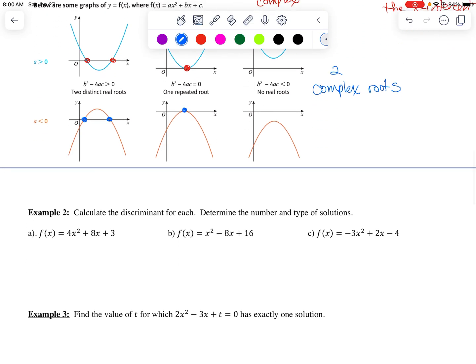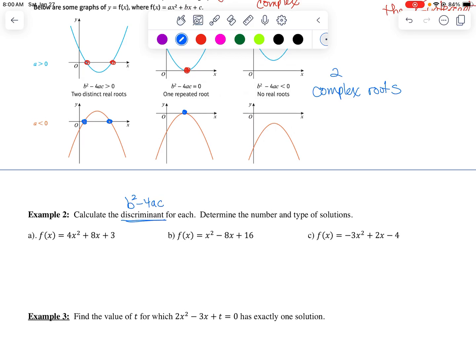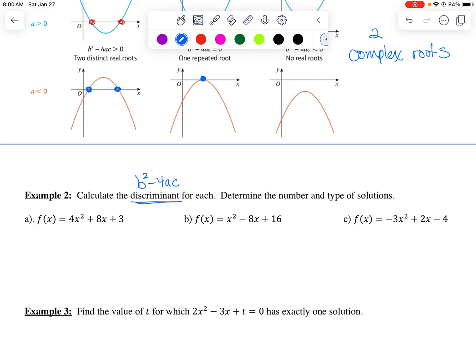All right, so in example 2, it says calculate the discriminant for each. So the first thing I want you to do is underline discriminant, and discriminant is b squared minus 4ac. Determine the number and type of solutions. So I'm asked to do three things. Calculate the discriminant and determine the number and type of solutions.